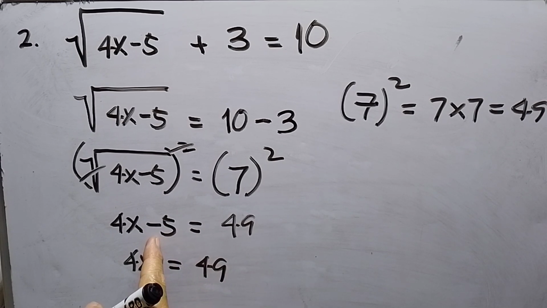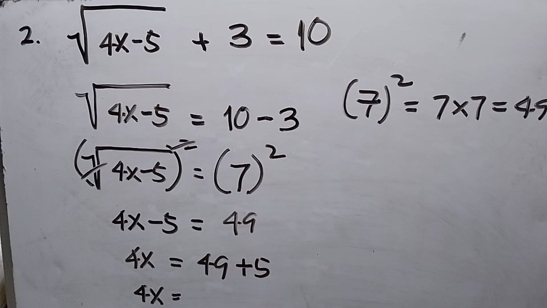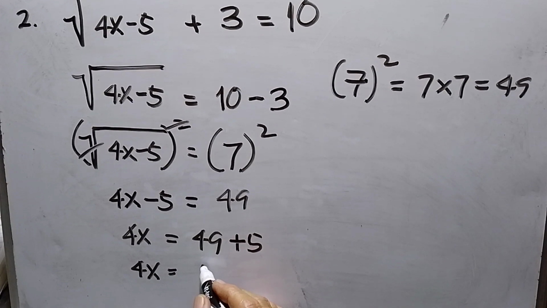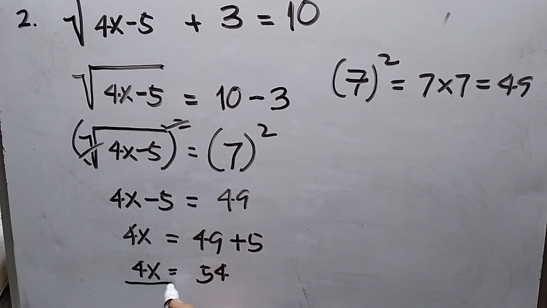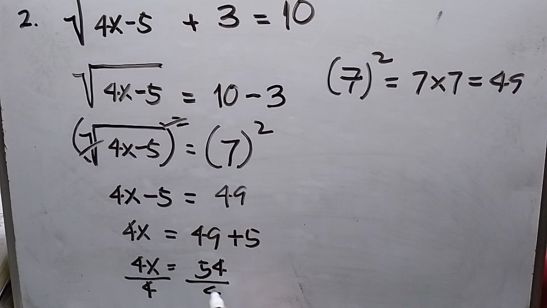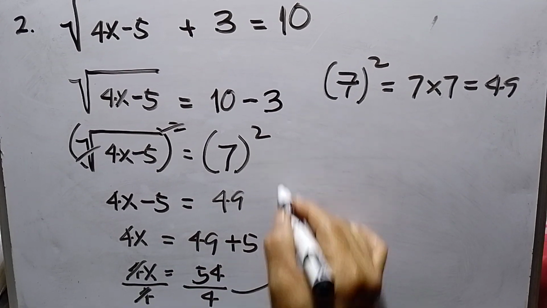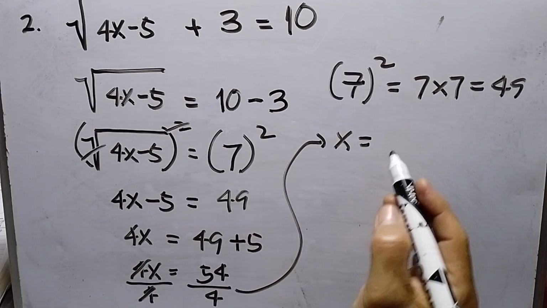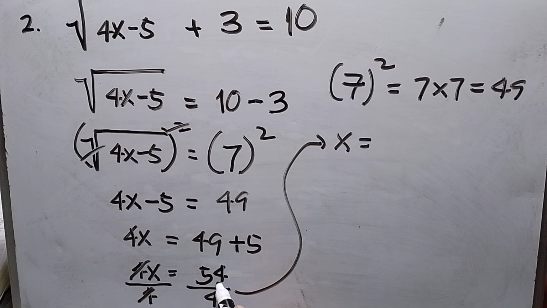And then copy 4x. The negative 5, transpose to the right, will become positive 5. Then 4x equals 49 plus 5, this is 54. And then divide by 4 both sides. So x is equal to... we cannot divide this straight away, because if we divide 54 by 4, there is a decimal point.